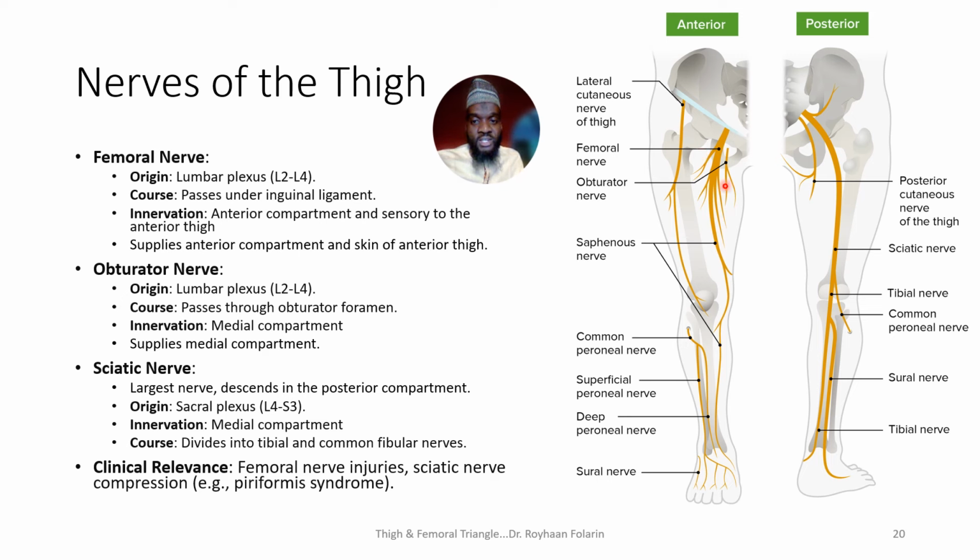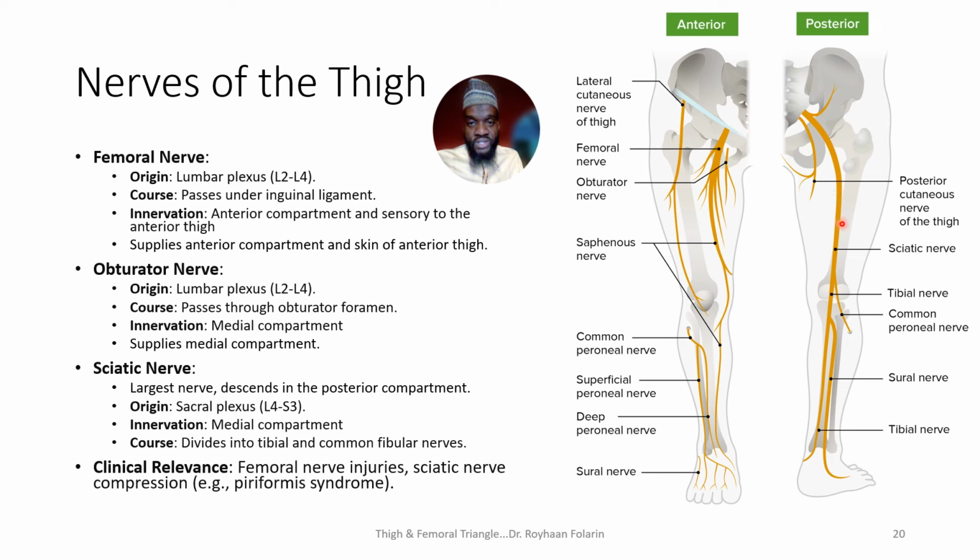Then next is the obturator nerve. The obturator nerve is right here. So it arises from the lumbar plexus as well, L2 to L4. And this nerve supplies the medial compartment of the thigh muscles, as we have discussed. And then when you look posteriorly, you will appreciate the sciatic nerve.